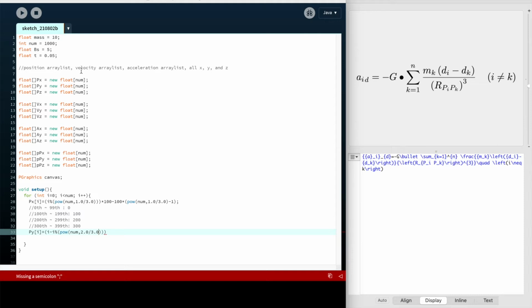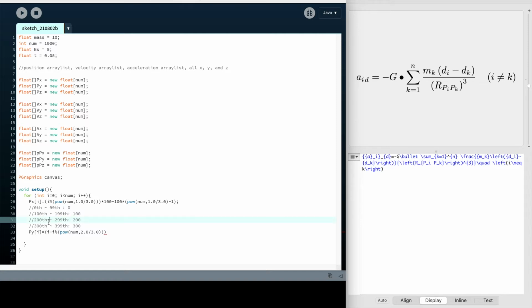That's going to be the universal meaning of 100, so num to the power of 2 over 3. And that's going to give me, for example, in this example, 200.